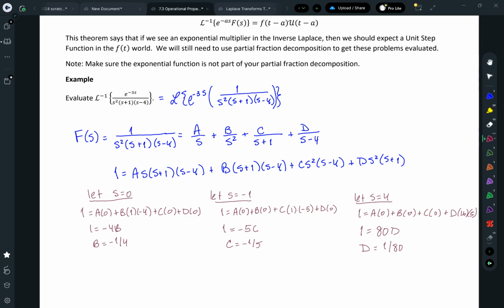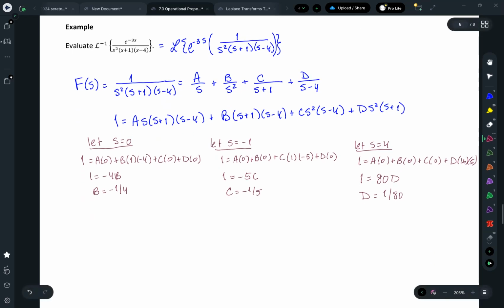Okay. Now, another thing that we could do, and this is going to be a little strange because in previous problems, when I didn't get all of the unknowns by using this process, I then multiplied everything out and did equating coefficients. But I want to show you something else. Really my goal is to show you all the tricks of the trade so that you can get through this course.